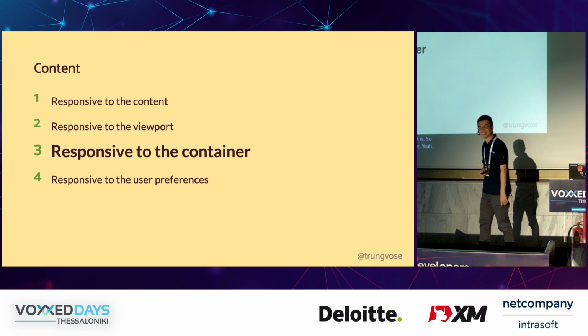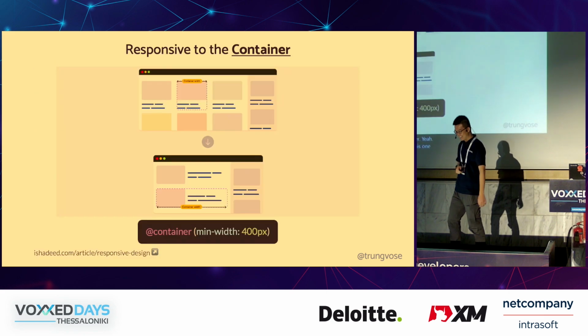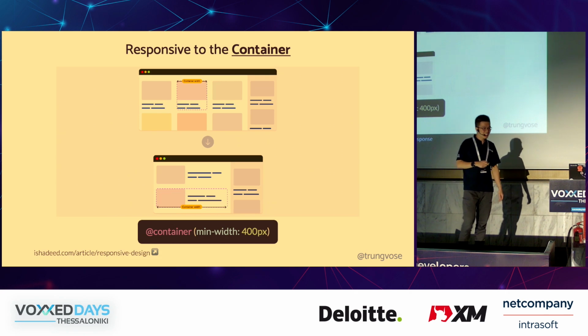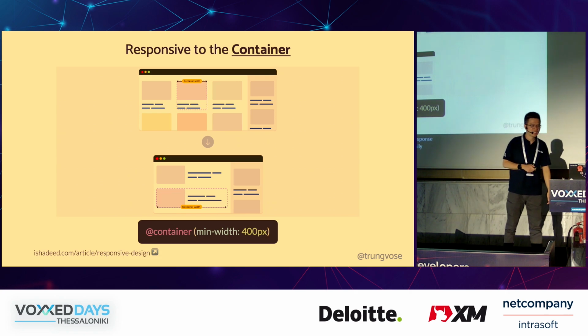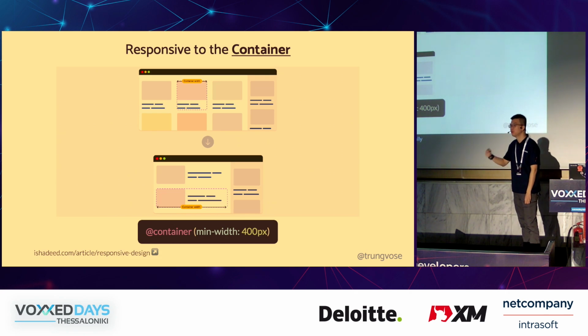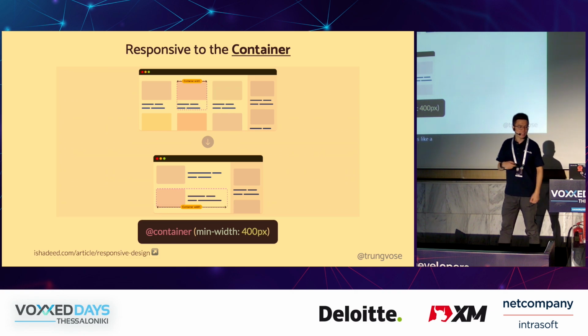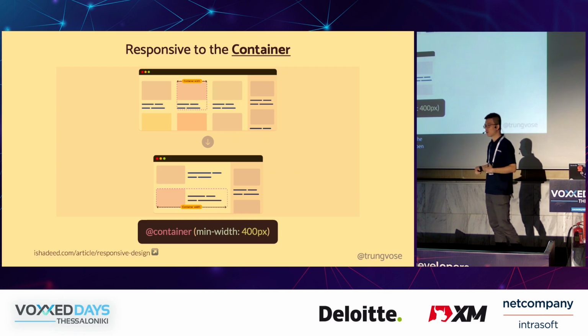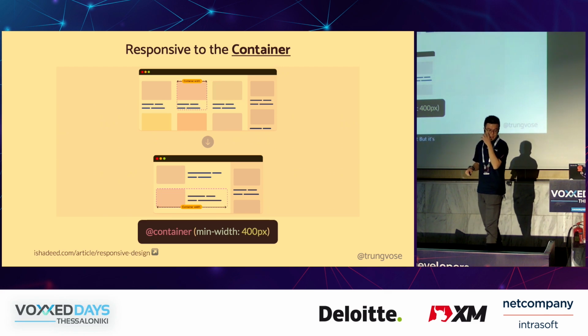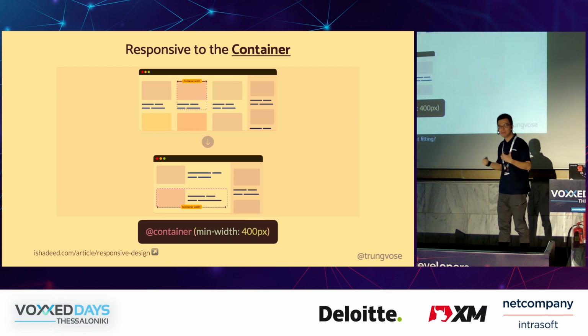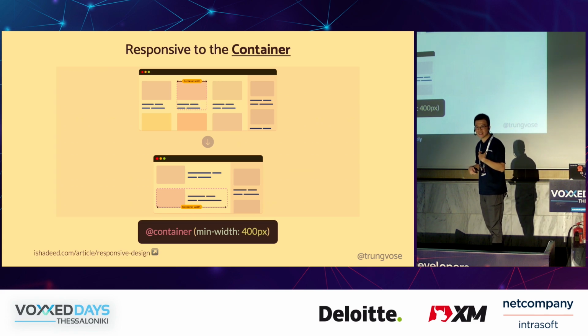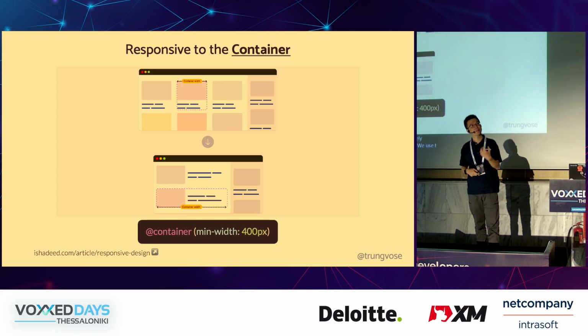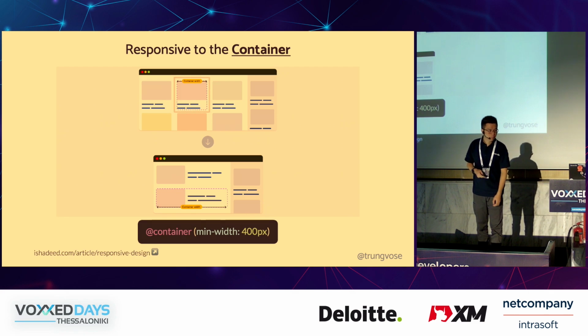Next one, something new, responsive to container, right? Basically, responsive to the container is a new tool that lets you style the component based on the available space where it is fitting. At the moment, we are likely building reusable components and design systems, so that is why it is interesting.